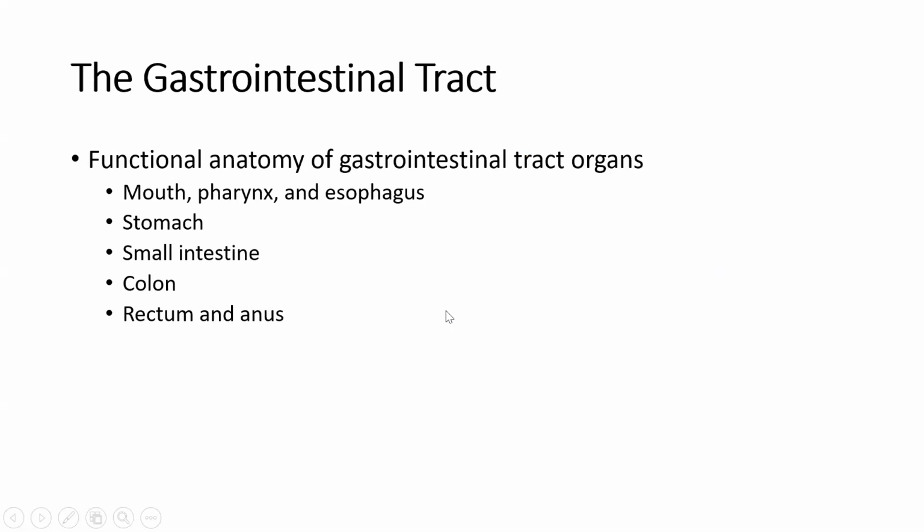Okay, so that's pretty much the structure of the GI. We're going to move on to look at the functionality of each of the parts, each of the components, and really look at what role each part of the GI is playing in the overall function of digestion and absorption. So we got the mouth, the pharynx, the esophagus.